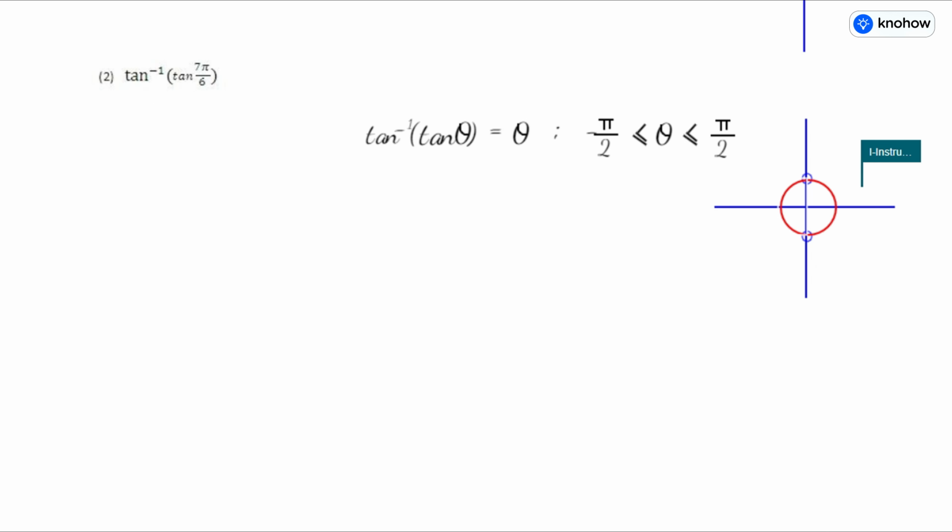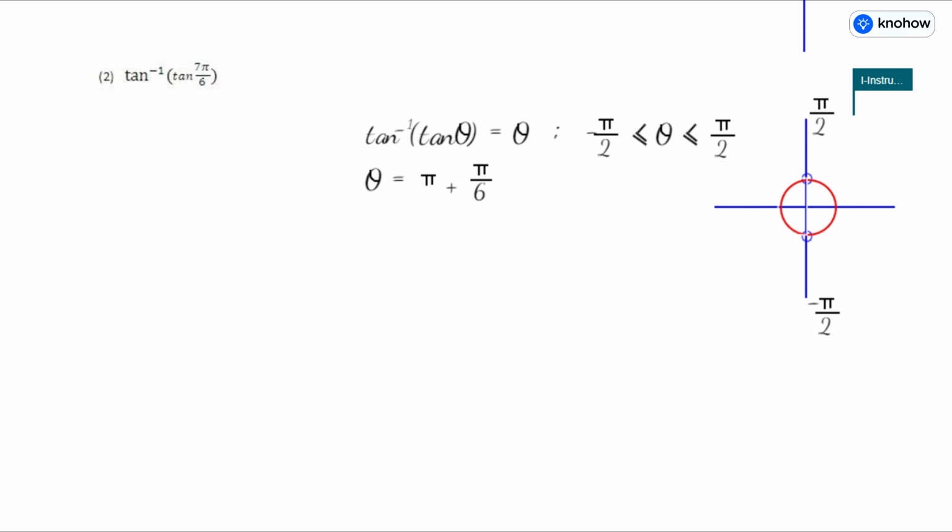So look at the angle involved here. What is the angle involved here? 7 pi by 6, which happens to be pi plus pi by 6. It does not lie in the interval negative pi by 2 to pi by 2.